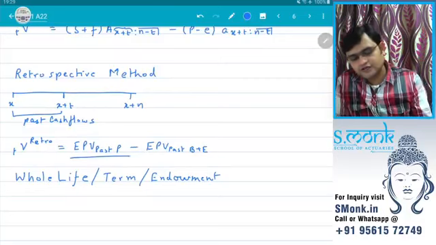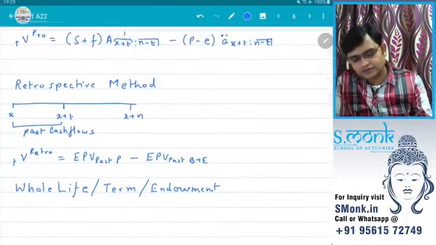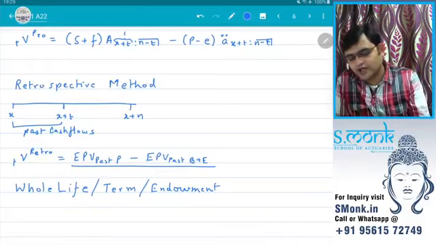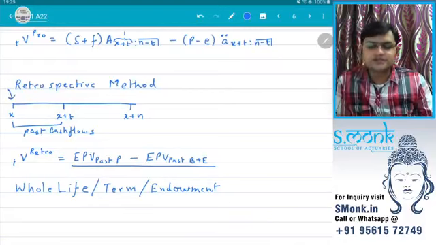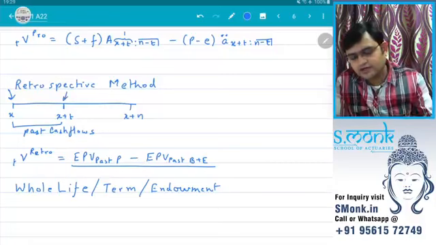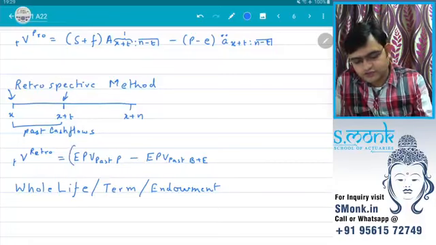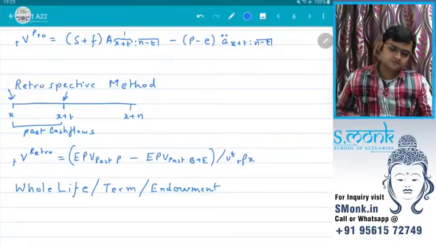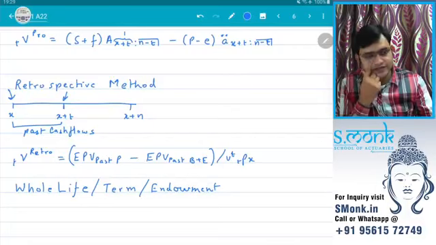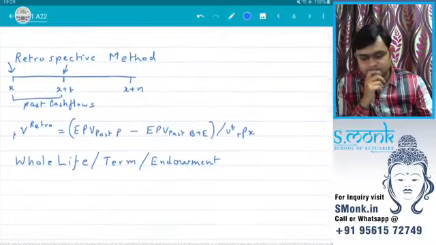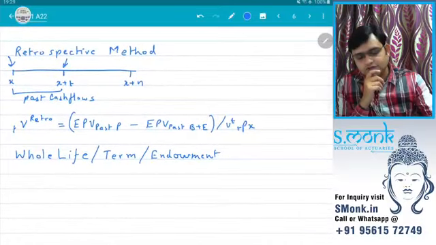Now see, here when we say expected present value, one simple thing, if we take expected present value, all the cash flows, all the present value goes to time 0. We want it to be time t. So what we will be doing is dividing this by v raised to t tpx. Okay, v raised to t tpx, we are dividing by that.